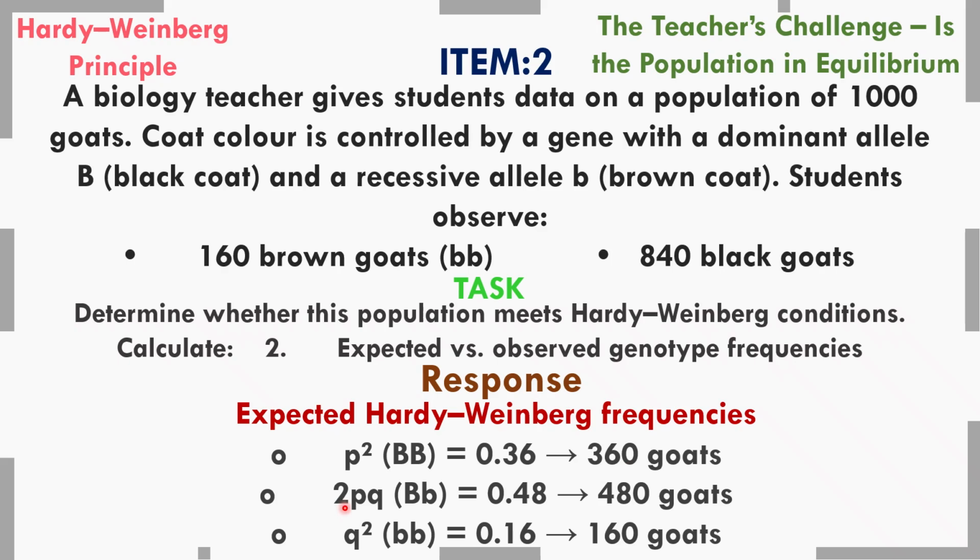The heterozygotes, represented by 2pq, capital B, small b, is 0.48, giving us 480 goats. q squared, these are the brown goats, small b small b, giving us 0.16, which is equivalent to 160 goats.